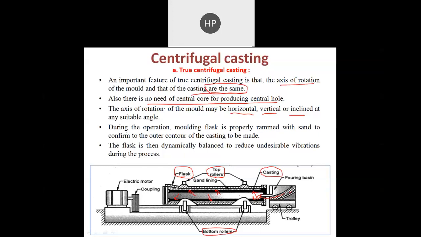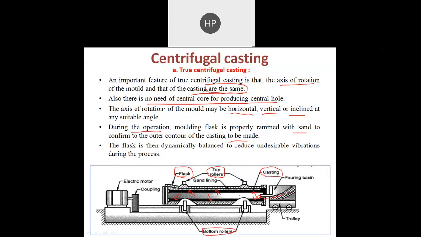During the operation, the molding flask is properly rammed with sand. Here we have a sand layer to conform to the outer contour of the casting to be made. So based on the type of outer contour we require, we properly ram the sand on the inner layer of the flask.